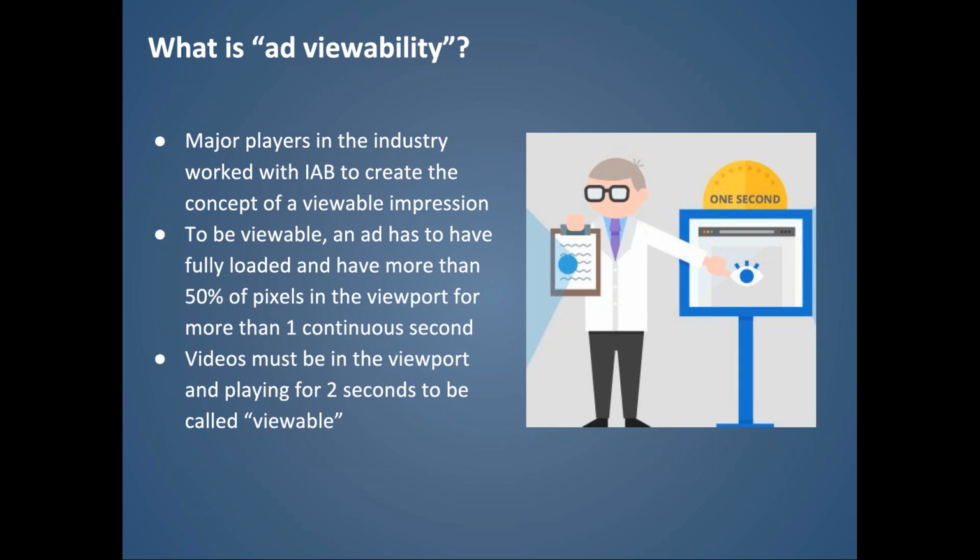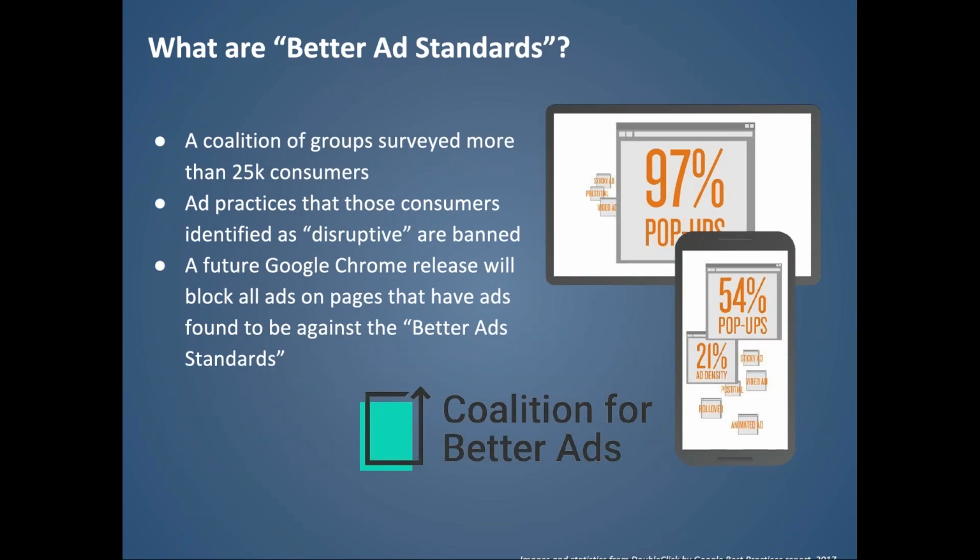The second big initiative that's happening right now is what's called the Better Ad Standards. This is a group of different companies who have come together, and they have surveyed more than 25,000 consumers around the internet. They showed them a bunch of different advertising techniques, and essentially the users had to vote how much they hated those different techniques, how disruptive or how annoying that ad position was.